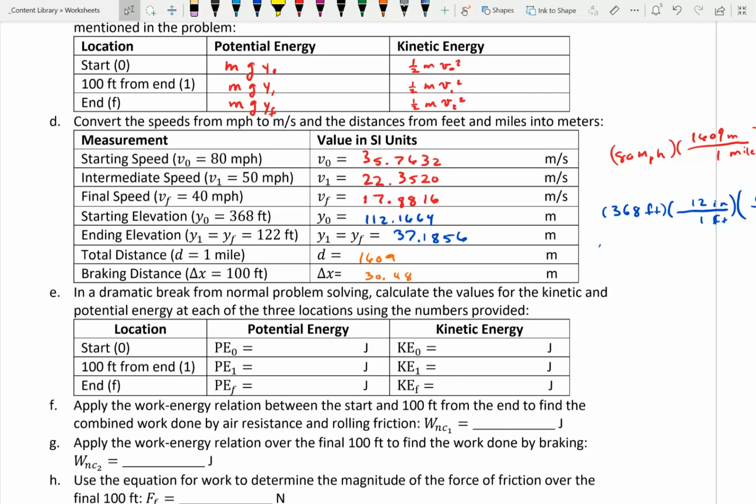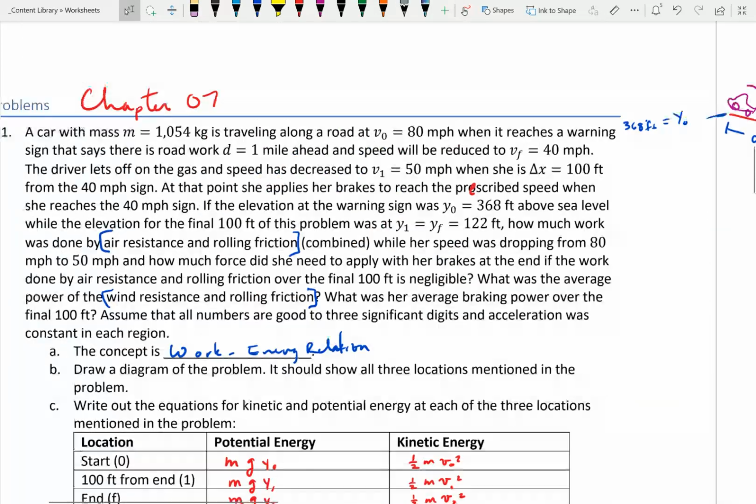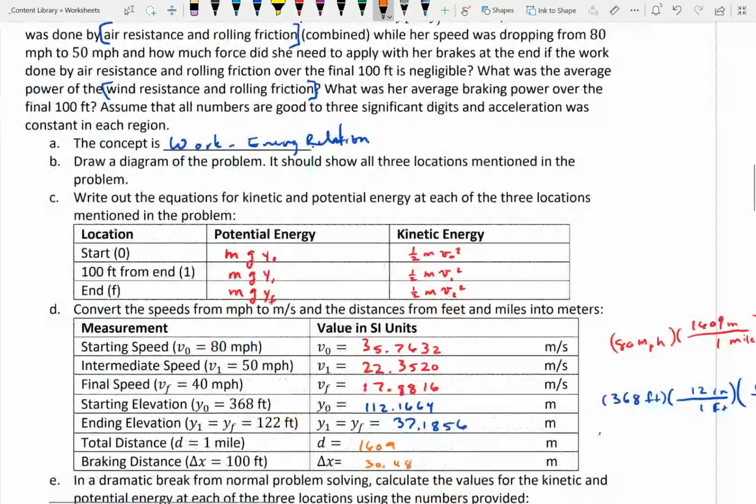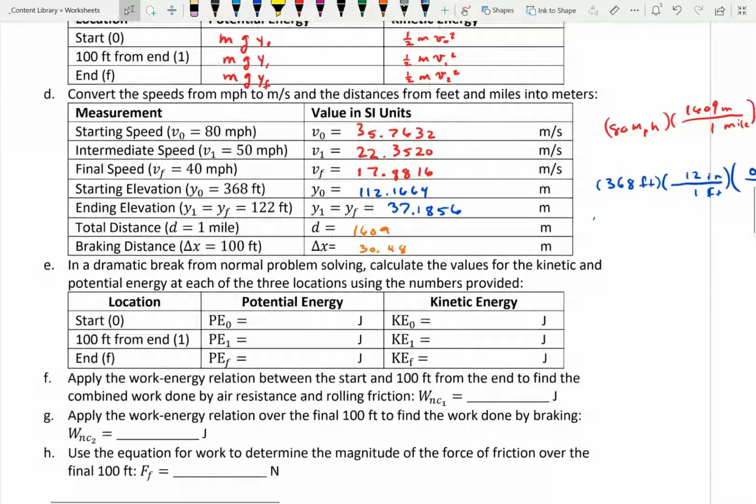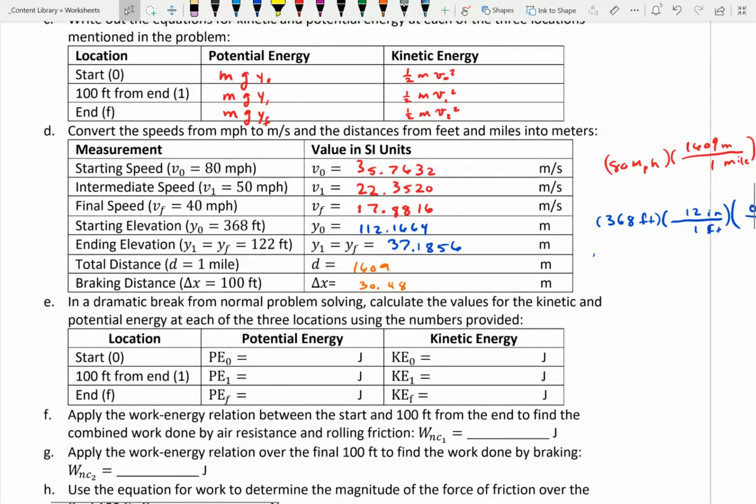So now calculating the potential energies and kinetic energies at each location, just putting in the numbers. So putting in the mass, remember mass is 1,054 kilograms, g is 9.8 meters per second squared, and the elevations. Then you get the potential energy at the start is, now, of course, that has ridiculous non-significant digits in it.